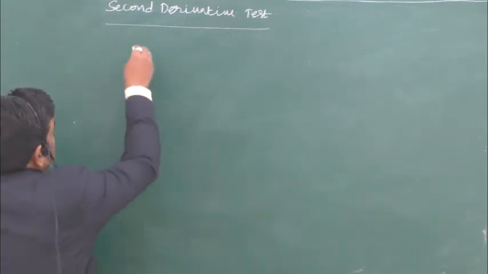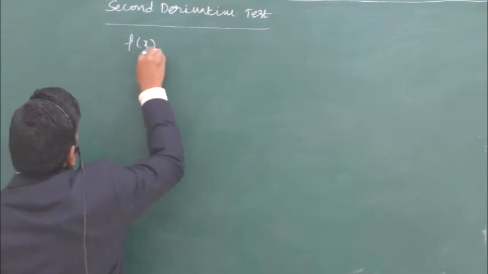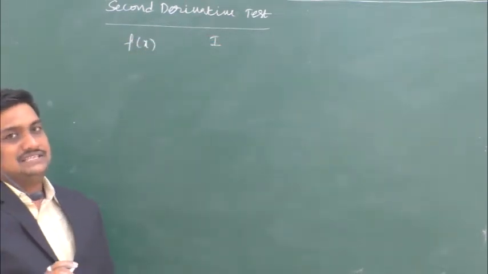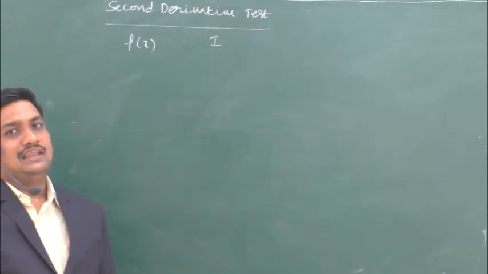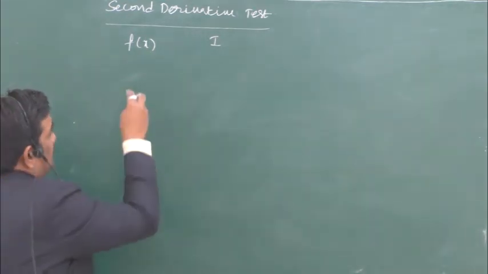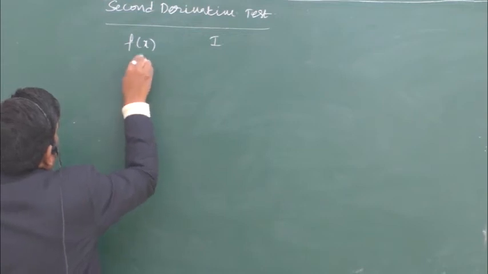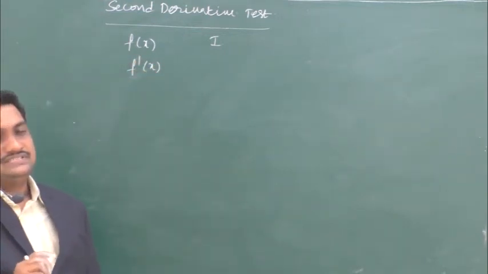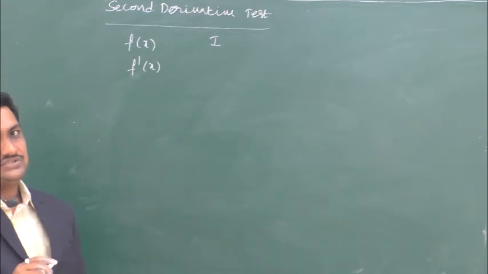Suppose a function is given and an interval I is given. It means x takes values from the interval I. Now find the first derivative of f(x), it is f'(x).